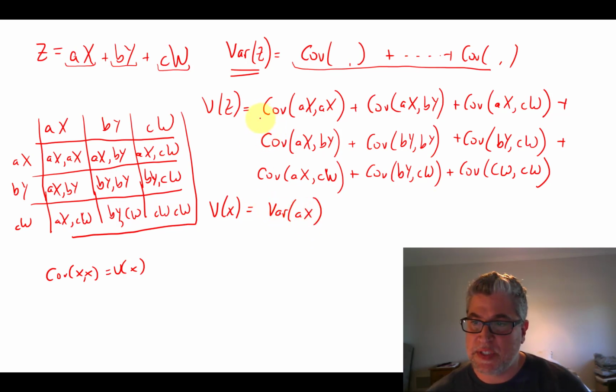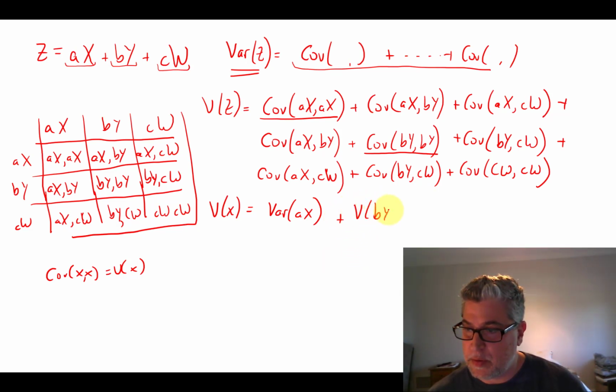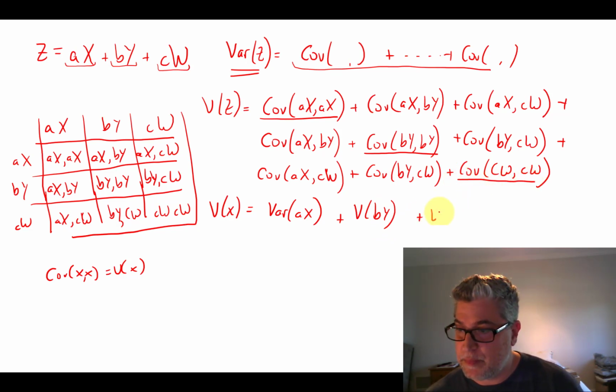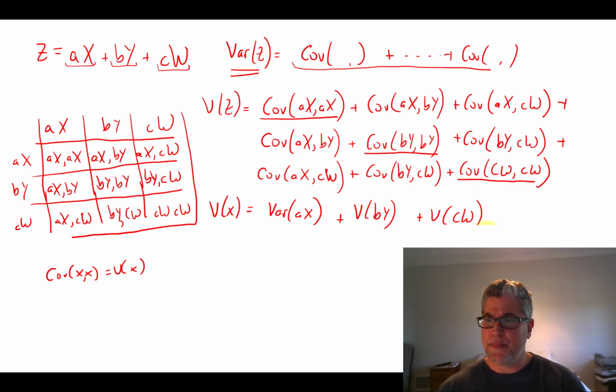All right, so that was this guy here. Here we've got the variance of by. Here we've got the variance of cw. Okay, so we've got all of our variance terms. Now we still have those odd covariances, the ones we couldn't get rid of.